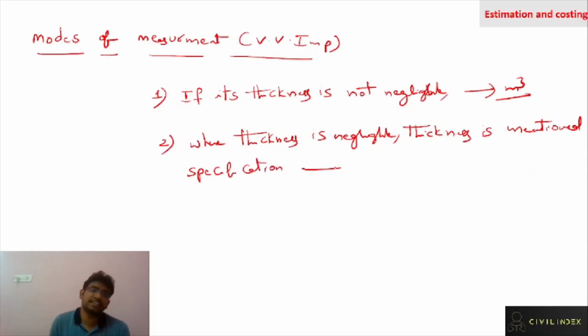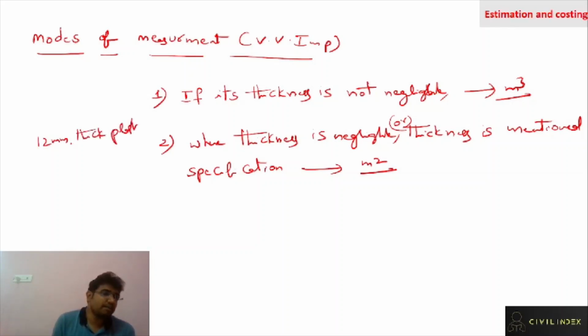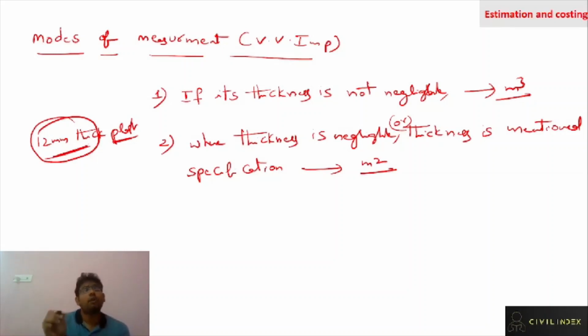Suppose I say 12 mm thick plaster. This 12 mm is nothing but the specification of the plastering. So in this case, you don't need to consider the volume, you just need to consider the area.